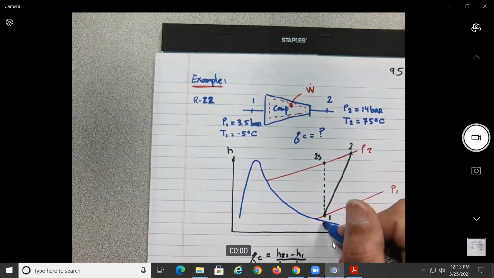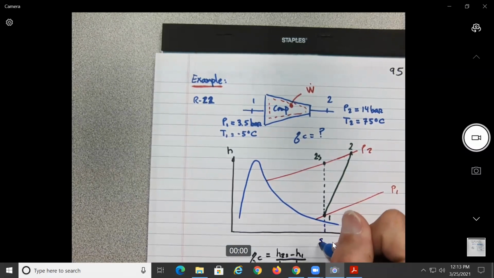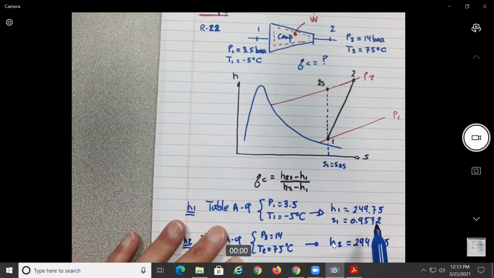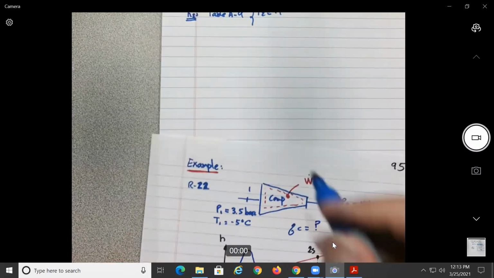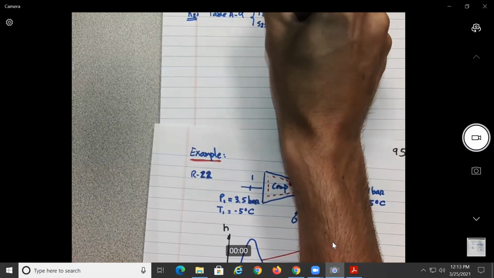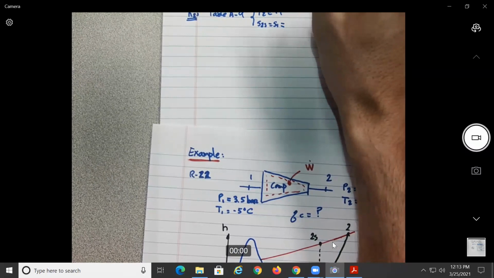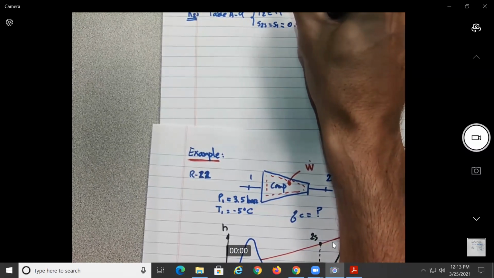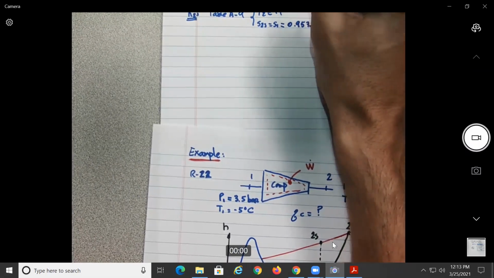Yeah, over here. S1 equal to S2S. Correct? So that's what we solve here for S1. Remember? So S2S equal to S1 equal to 0.9572.